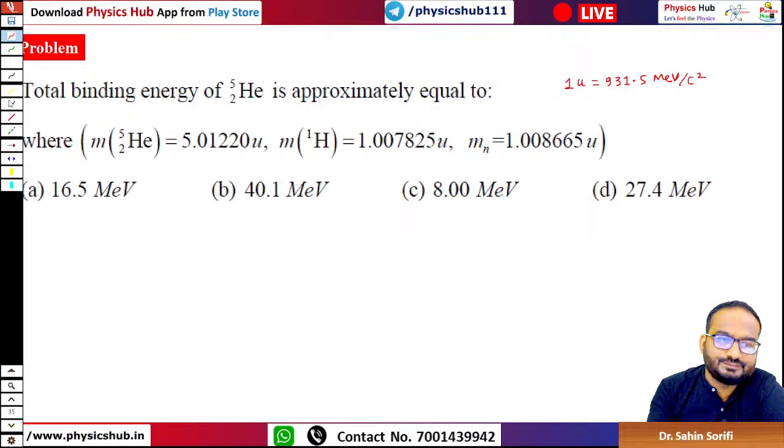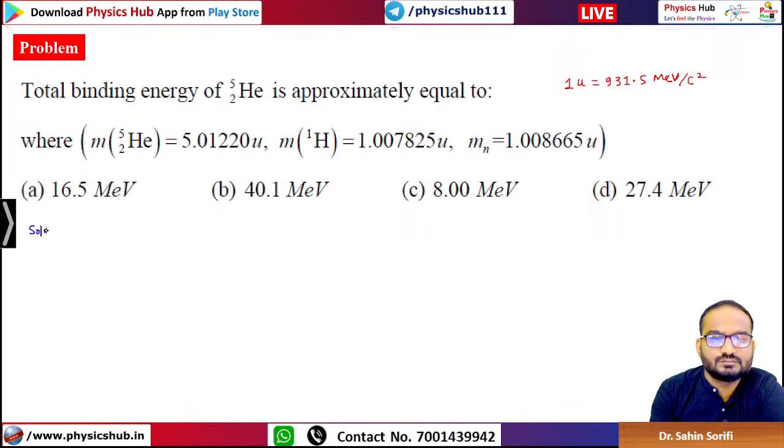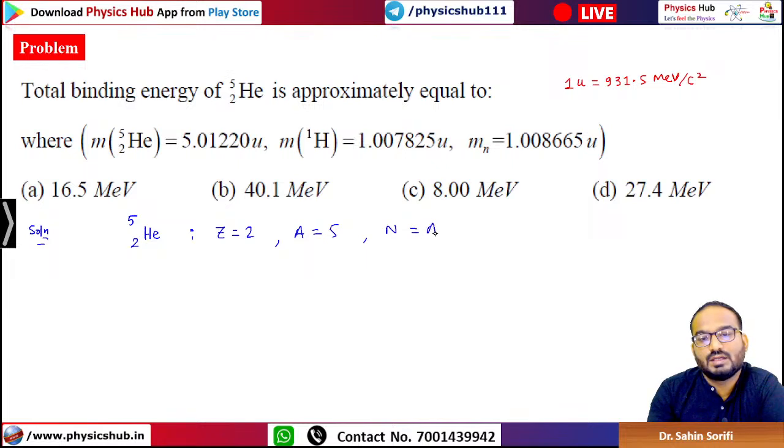2He5. Its atomic number is 2, the number of protons is 2, and the mass number is 5. So what is the neutron number? A minus Z, 5 minus 2, is 3.